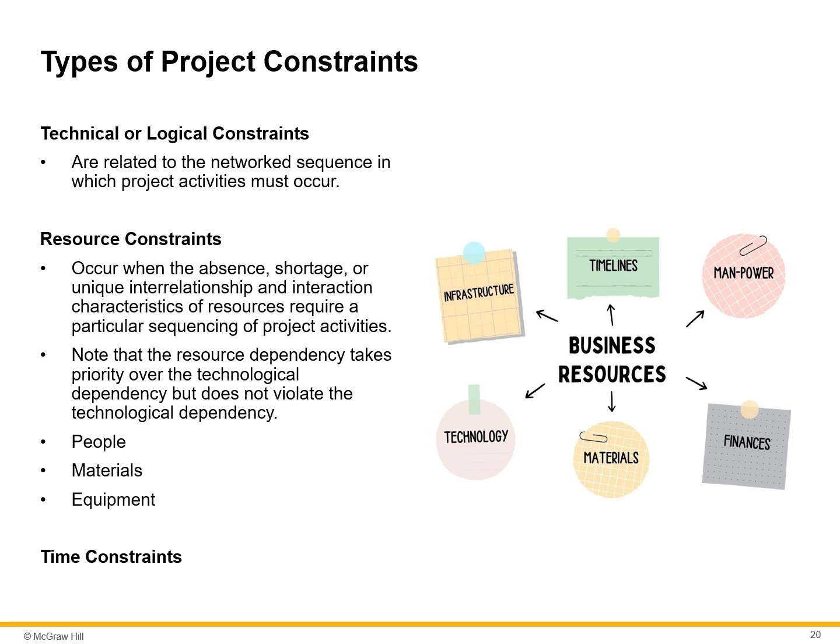Resource constraints refer to the absence or shortage, or unique relationship between interaction characteristics of resources, that require a particular sequencing of project activities. A resource-constrained project is one that assumes the level of resources available cannot be exceeded. If the resources are inadequate, it will be acceptable to delay the project for as little as possible.